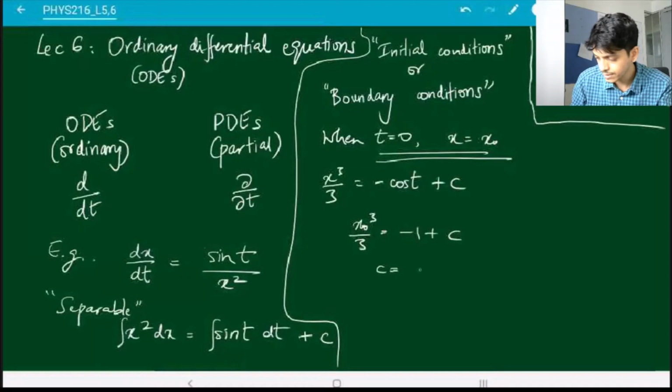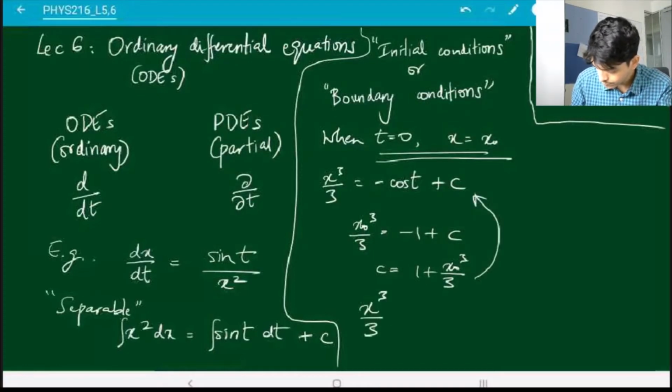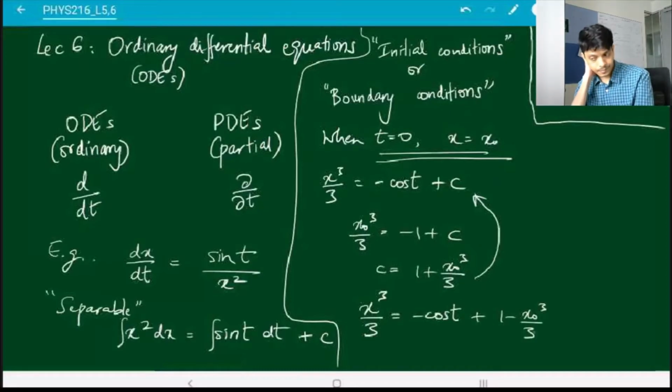So c will be some constant. In this case, this is 1 plus x naught cubed by 3. And then this gets plugged in over here. So your final solution is this. So this entire thing is a constant. And this equation tells you how x depends on t.